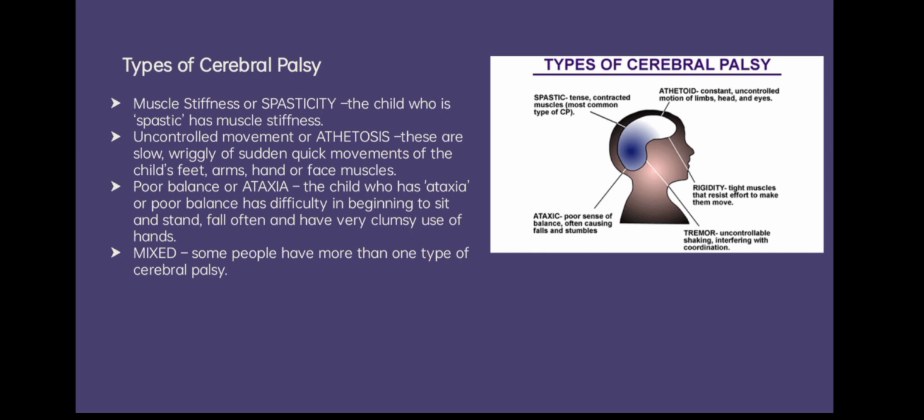These are slow, wriggly, or sudden quick movements of the child's feet, arms, hand, or face muscles. Third is poor balance or ataxia. The child who has ataxia or poor balance has difficulty in beginning to sit and stand, falls often, and has a very clumsy use of hands.